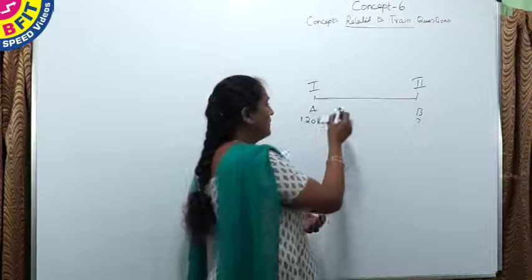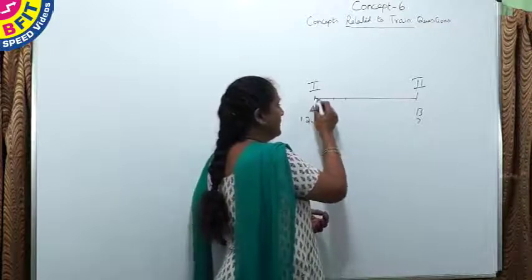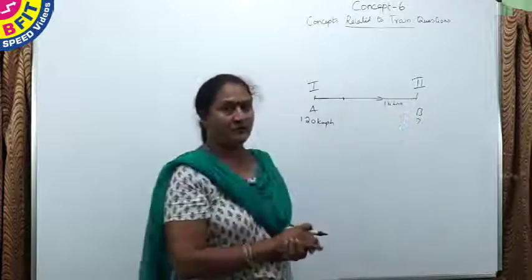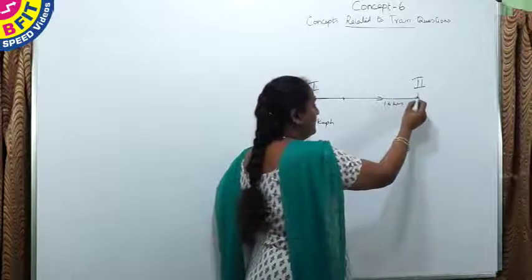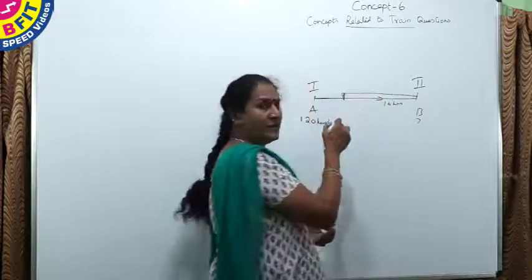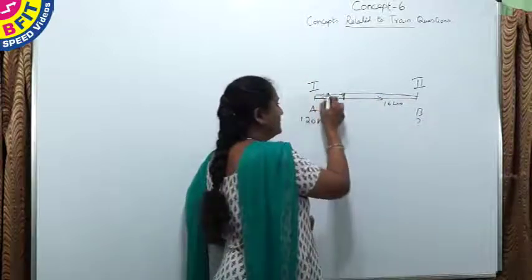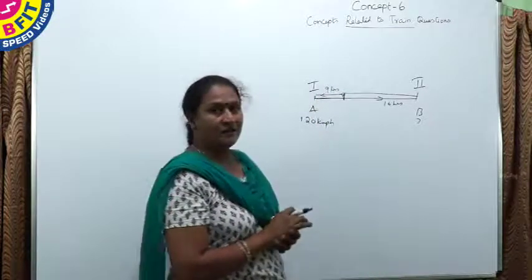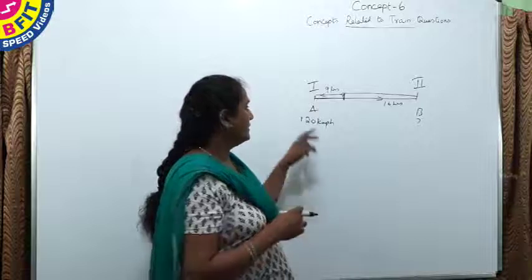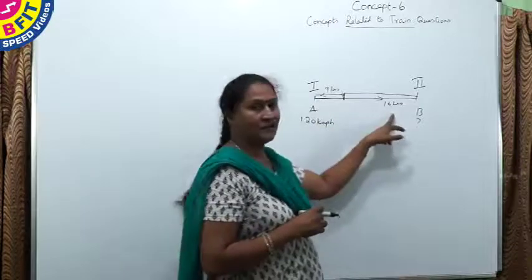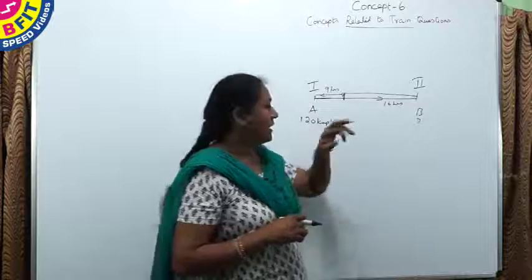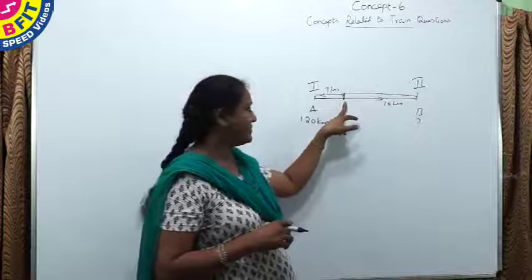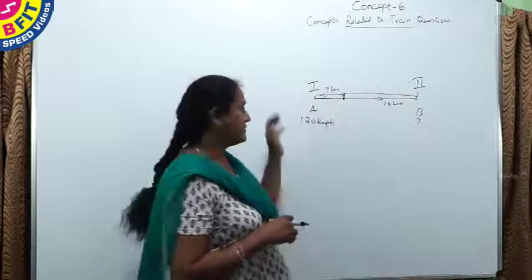Now after crossing each other, the train from A takes 16 hours to reach B. And the train from B, after crossing the train from A, takes 9 hours to reach A. So after crossing each other, the first train takes 16 hours to reach its destination, and the second train takes 9 hours to reach its destination.